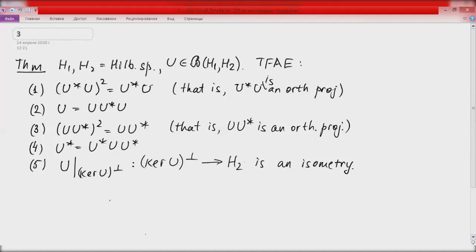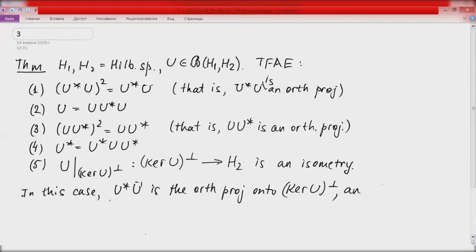And moreover, if these conditions are satisfied, then U star U is the orthogonal projection onto the orthogonal complement of the kernel of U, and U U star is the orthogonal projection onto the image of U.